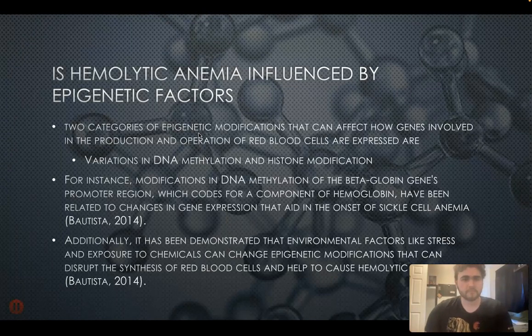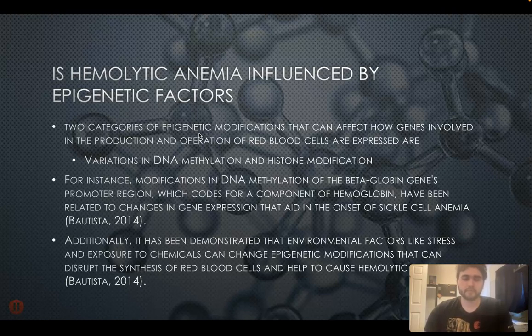Is hemolytic anemia influenced by epigenetic factors? So there are two categories of epigenetic modifications that affect how genes involved in the production and operation of red blood cells are expressed, and those are variations in DNA methylation and histone modification.